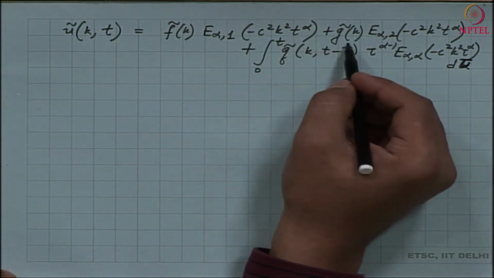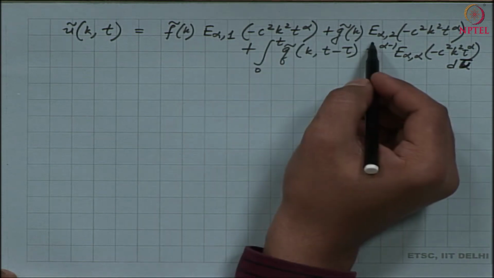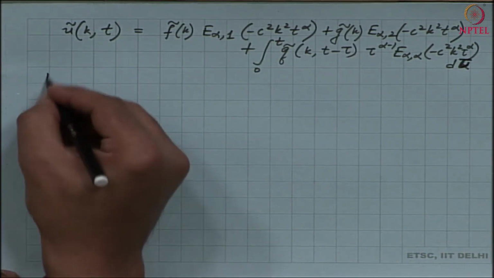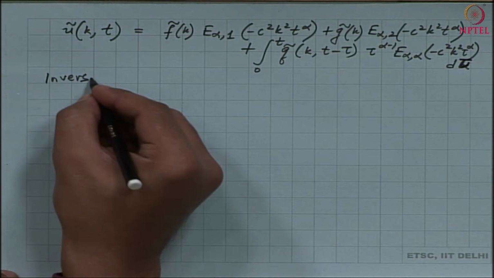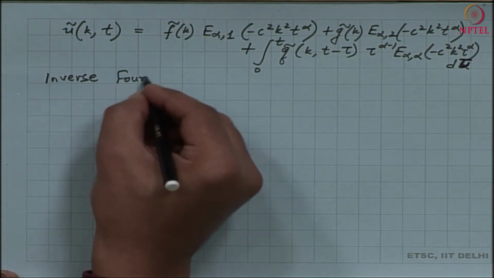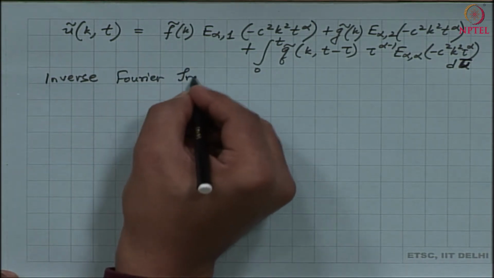If I were to start applying the inverse Fourier transform, the first two inverse transforms are quite straightforward in application. So, let me start the next step by applying inverse Fourier transform.